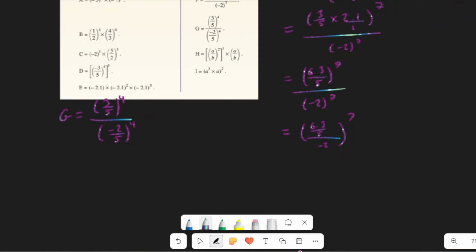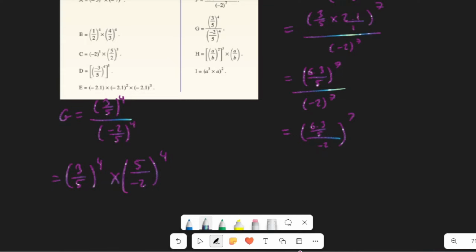Therefore, we can get (3/5)^4 multiplied by (5/-2)^4. So we flip the negative 2 over 5 into 5 over negative 2, and by doing so, we converted the equation from a division to a multiplication.